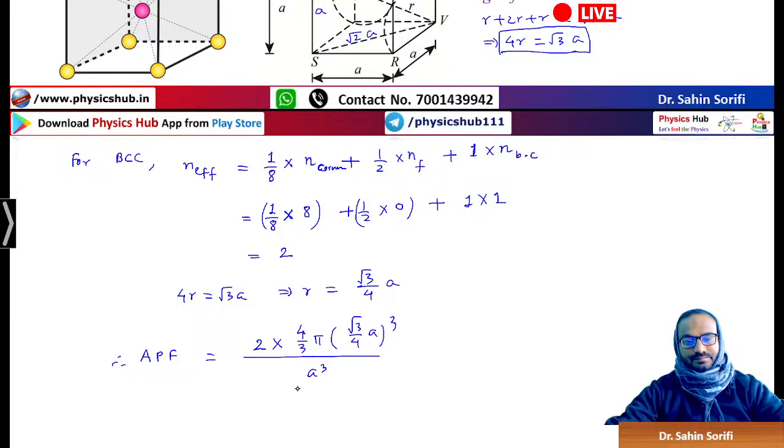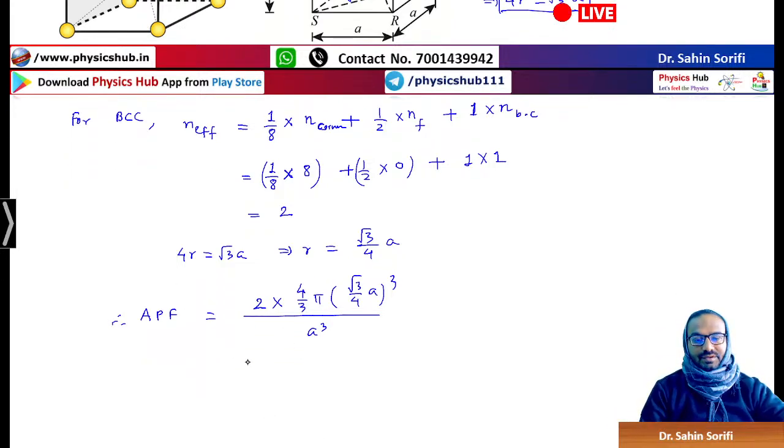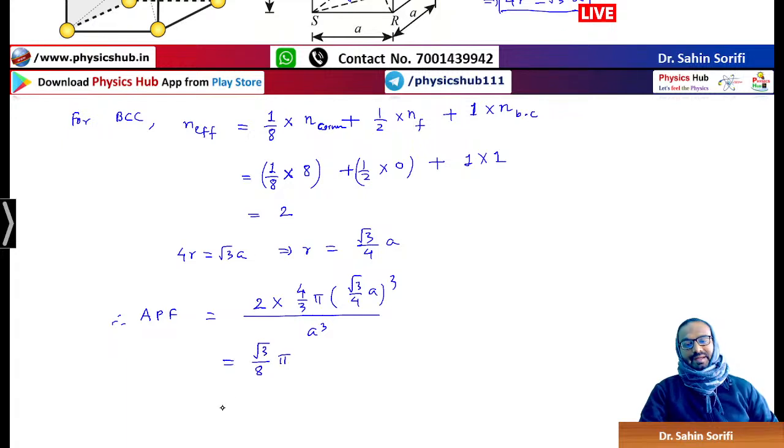Okay, so what are you getting? This is equal to root 3 by 8 into pi. Root 3 by 8 pi.